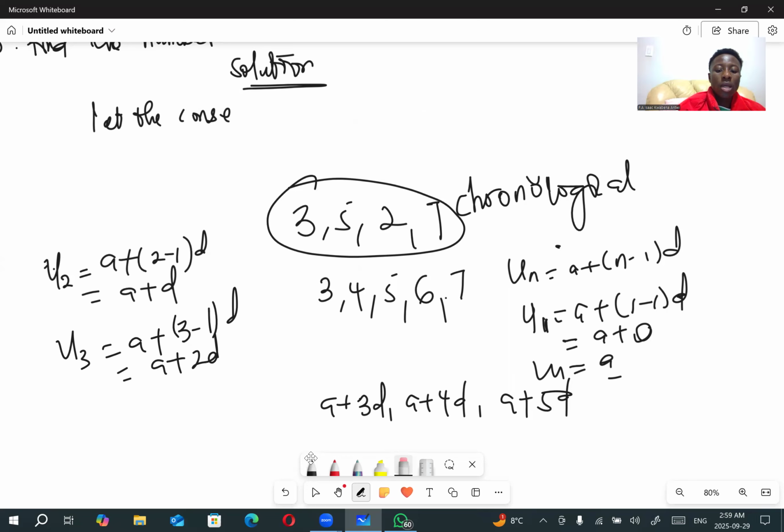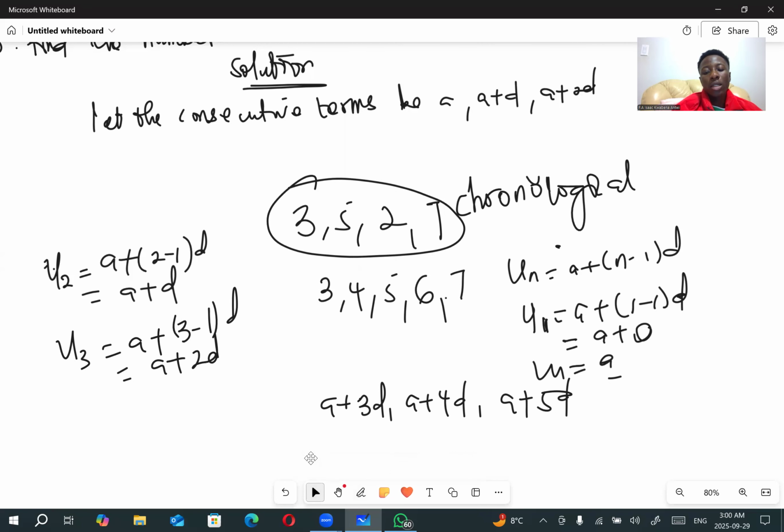Let the consecutive terms be a, a plus d, a plus 2d.